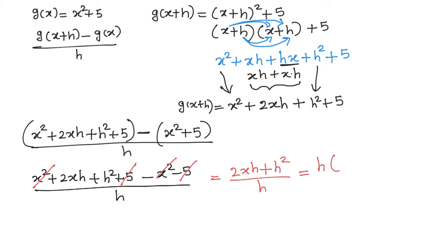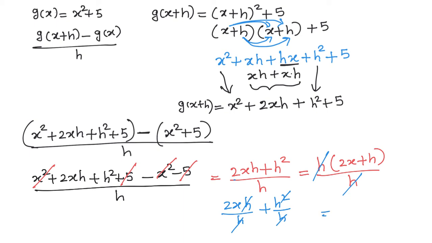We can factor out h from the numerator. Then these two h will cancel. Or if you divide each term by h, like 2xh divided by h plus h square divided by h, you can simplify like that too. So the final answer is 2x plus h.